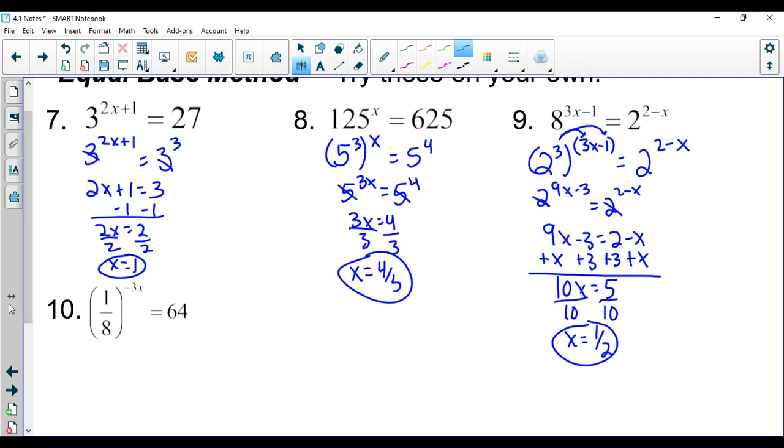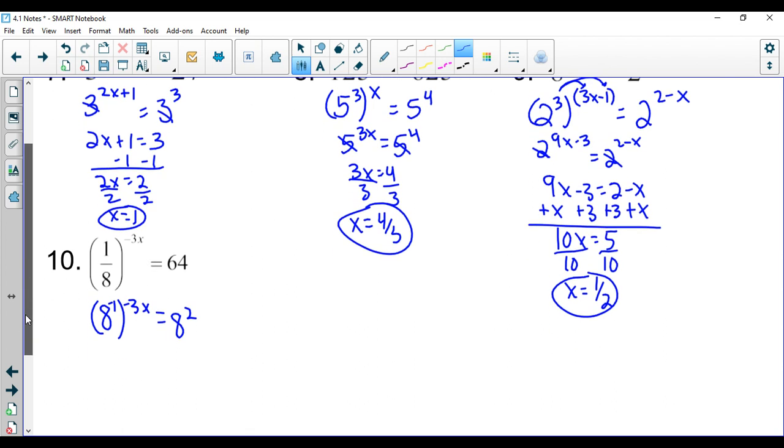All right, last but not least, I see 1/8 and 64. So I'm thinking a base of 8. I know that 8 to the second is 64. The issue here is this is 1/8. I wanted just 8. So remember, a negative exponent is going to move to the bottom. So I'm going to rewrite 1/8 as 8 to the negative first, raised to the negative 3x power.